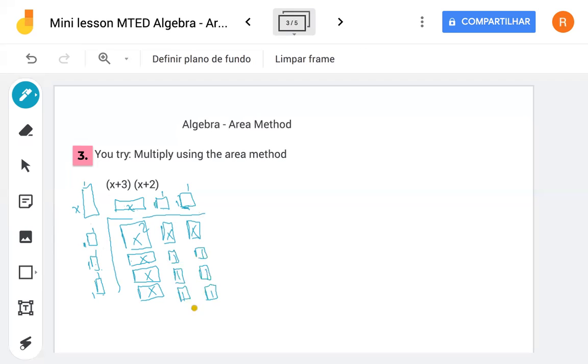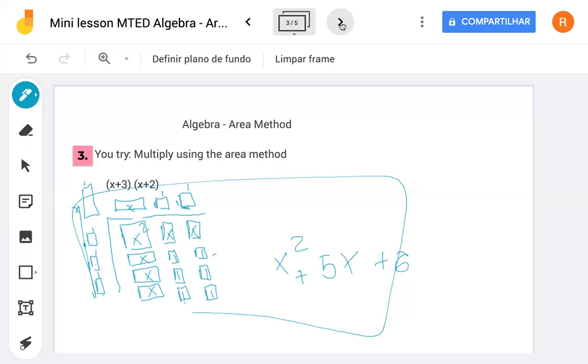You have x squared plus 5x. Let's see how many unit squares we have here: 1, 2, 3, 4, 5, 6. So that is the solution.